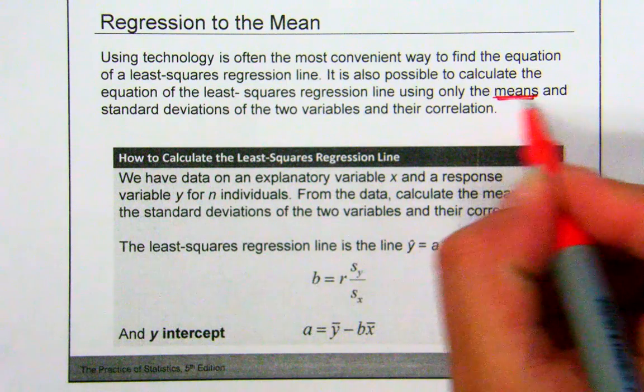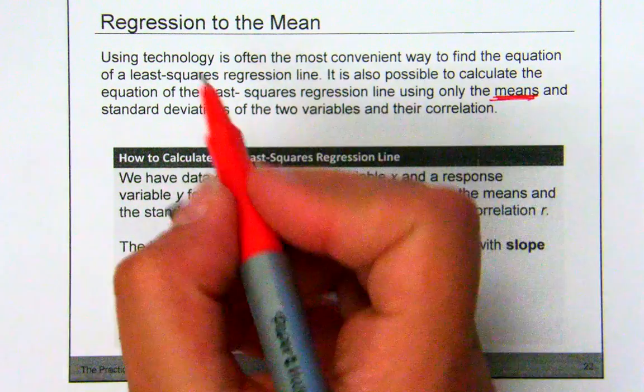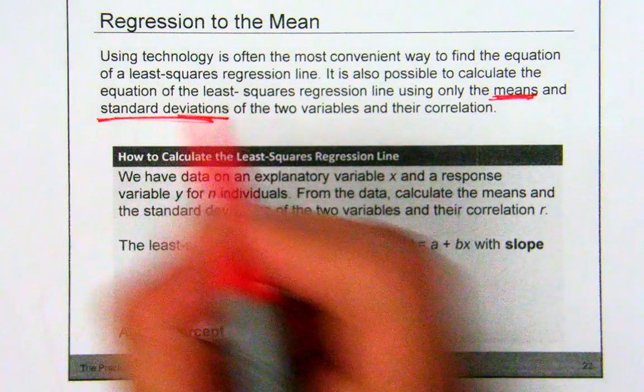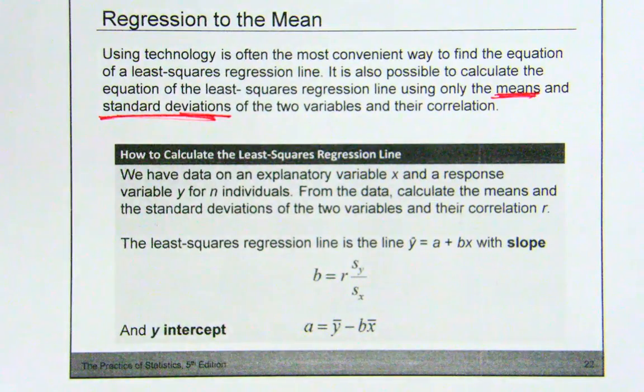So if you know the mean and the standard deviation from the explanatory variable, and the mean and the standard deviation from the response variable, and find their correlation, you should technically be able to find the equation of the line.